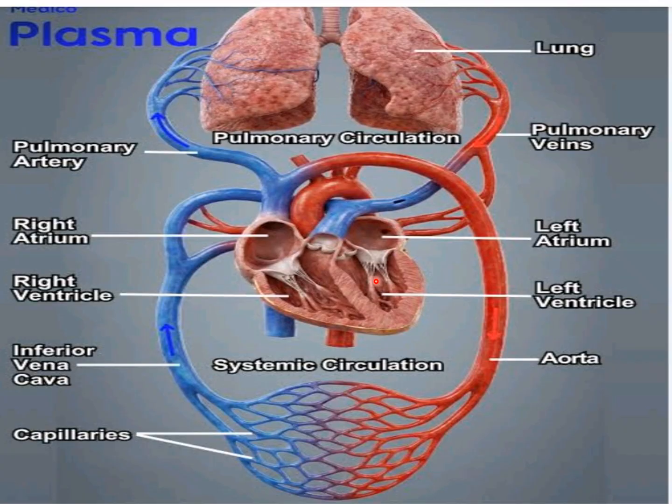And on the right side, failure of the right ventricle to push blood that is without oxygen, that is blue colored, into the lungs to be oxygenated will cause a backflow of blood back into systemic circulation, causing edema.